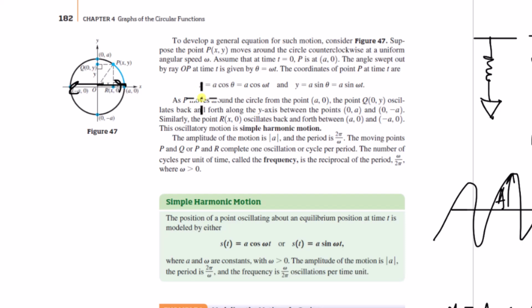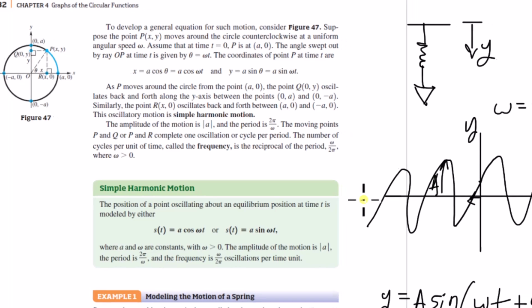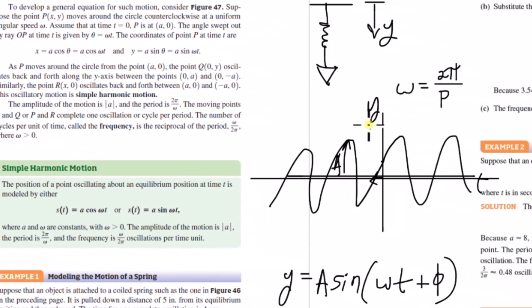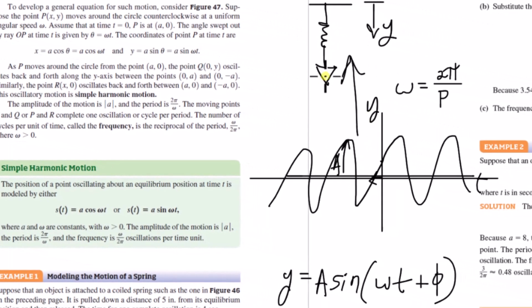It would be simple harmonic motion of the form a sine omega t, where a is the radius of the circle, and a cosine of omega t, where that would be the x coordinate. The x position would be simple harmonic motion. The y position would be simple harmonic motion, and that's what this is, because this is modeling this, right? This is going back and forth around the equilibrium position.